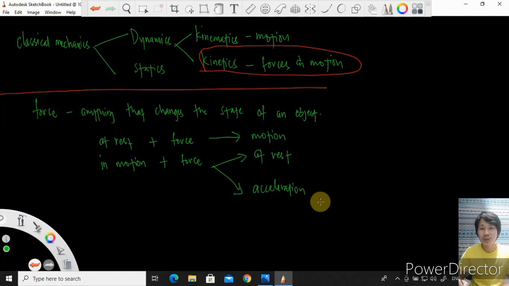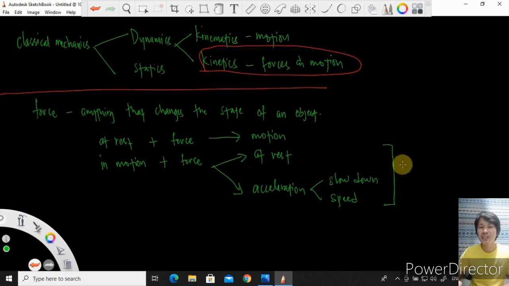It can slow down or speed up. Okay? Slow down or speed up. Depending on the force, depending on the magnitude of the force and the direction of the force, of course. Okay? So, if an object is in motion, you apply a force, then the object may stop, or it will accelerate, slow down, or speed up.